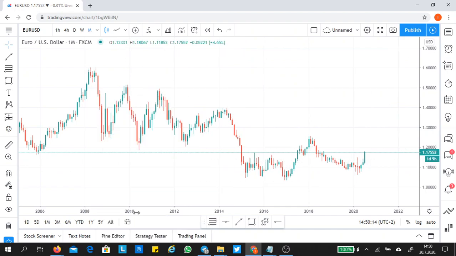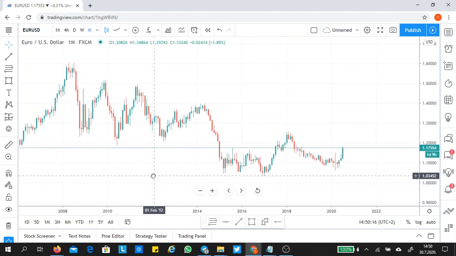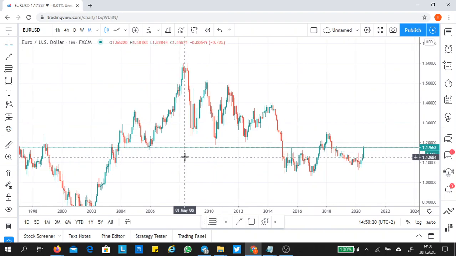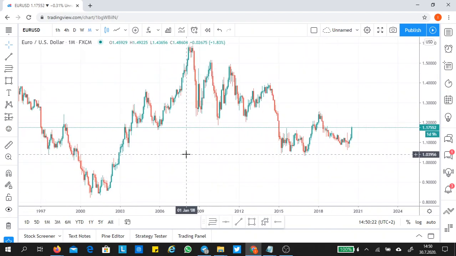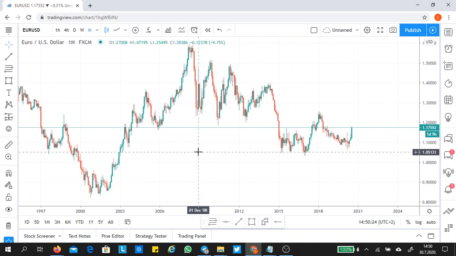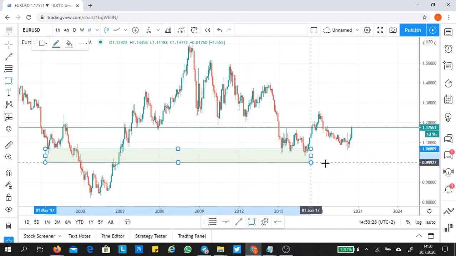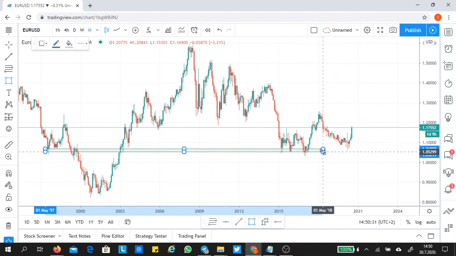Okay, now deleting everything here. When this move ended, we can also check where this move ended.